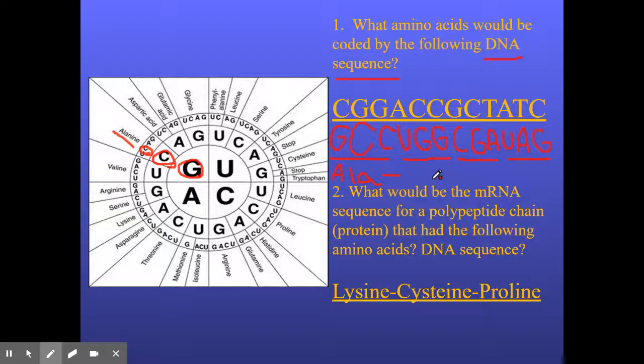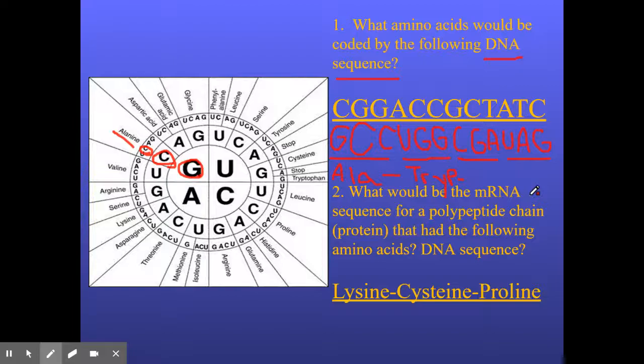So you start U, G, G, tryptophan. So trp. All right. What's CGA? Let's see. What'd you say?